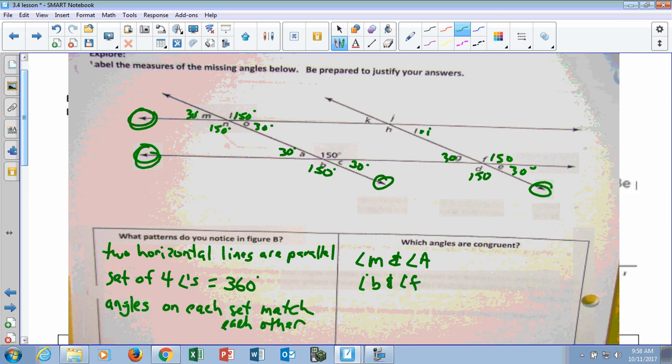Let's just stay real quick on this line. So if M and A are one set, M is also equal to what? O. Okay, so those two angles are congruent. What about L? What's angle L equal to? N. Okay, and what else? This one, which we don't have a label for. We called it D, but there's a D over here. But it's also equal to that angle, right?